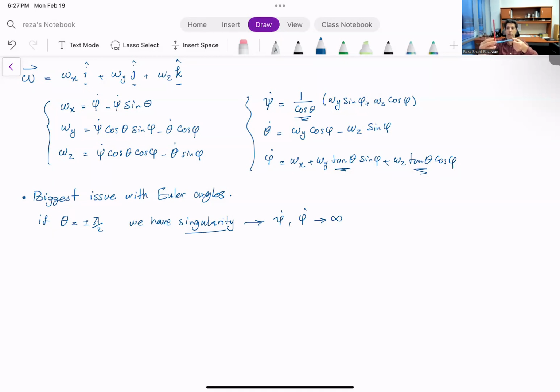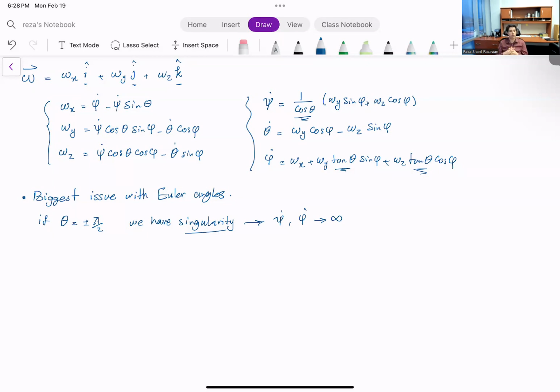That is the cause of the problem. If y is 90 degrees, both of these rotations can share the same effect, basically.